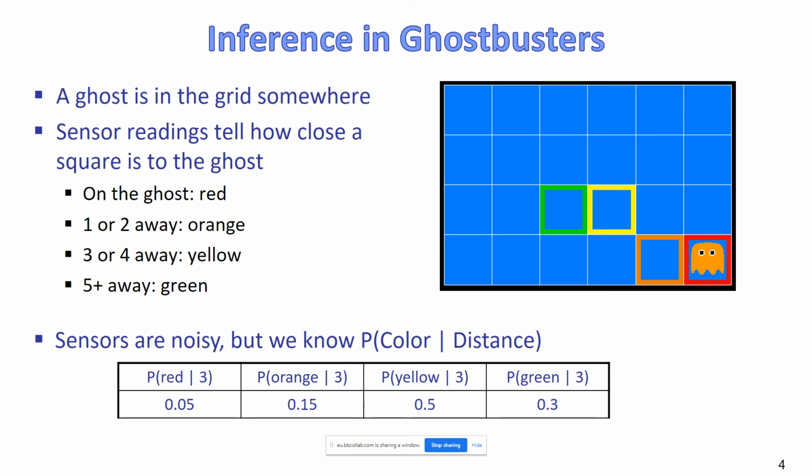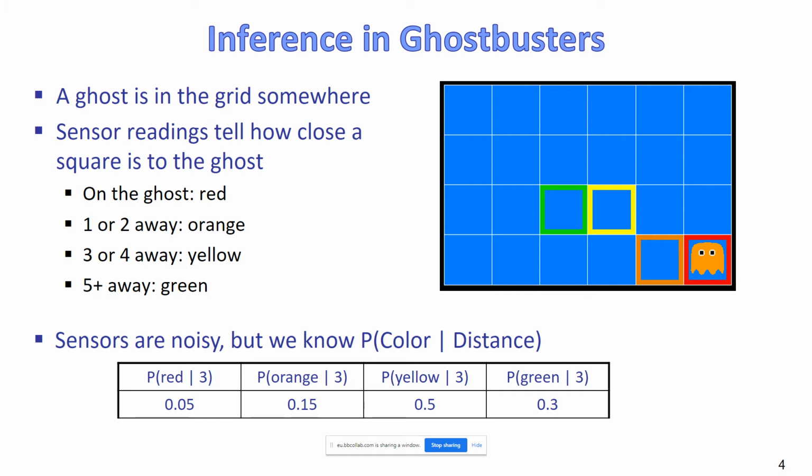Before we start talking about the definitions and the revision, let me show you a motivating example, a game called Ghostbusters. In this game, we have a grid, and this grid has, of course, cells.